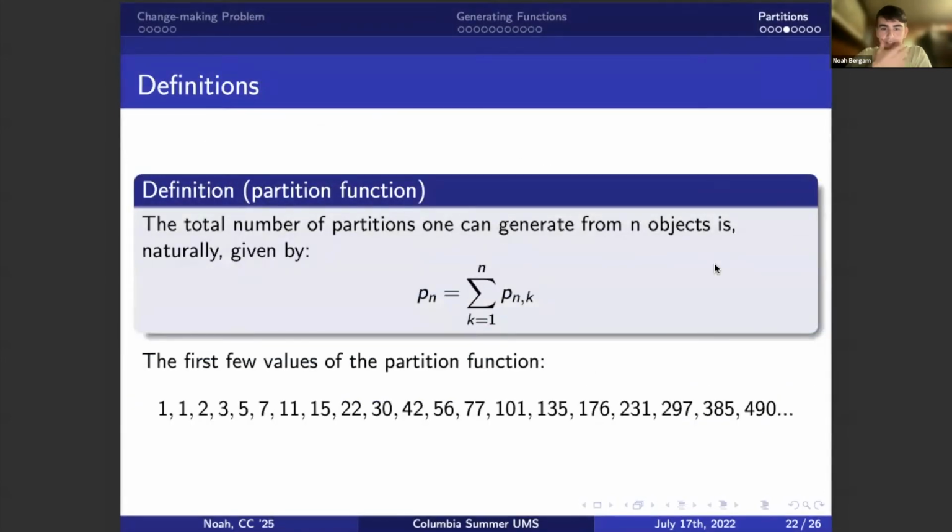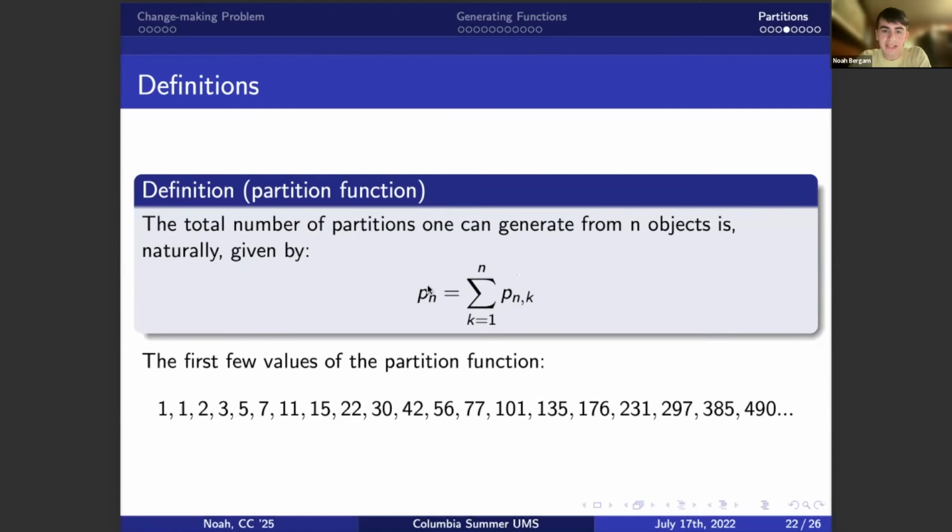We're almost done anyway. So the partition function, which is different from the partition generating function, which I will go back to, is essentially just adding up the different kinds of partitions you can make. For example, you add up the different ways you can partition n objects into 1 pile, plus the number of ways you can partition n objects into 2 piles and 3 piles, and so on up to n.